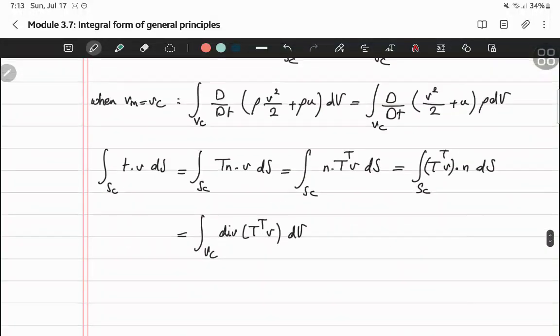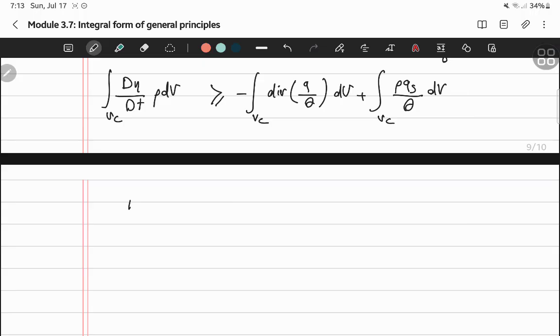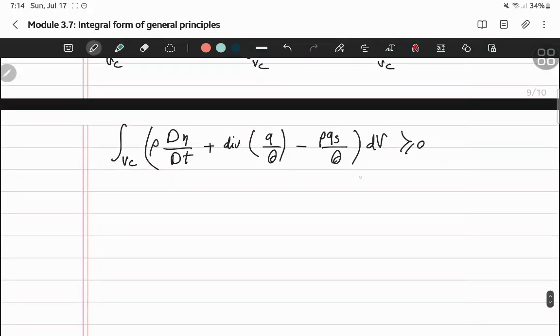Based on that, we can write rho d eta/dt plus the divergence of q over theta minus rho qs over theta is greater or equal to 0.